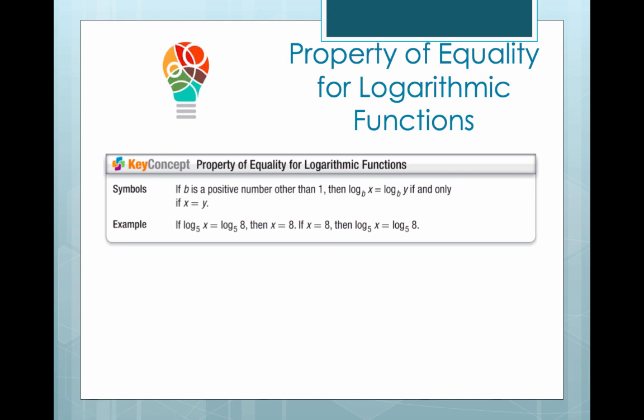Property of equality. Okay, this is going to be very similar to what we did back in 6.2. In 6.2, we got the bases to be the same, and then we could drop the bases, so we had problems that looked like this. Like if we had one back in 6.2 that was like 5 to the 3x is equal to 125 to the x.